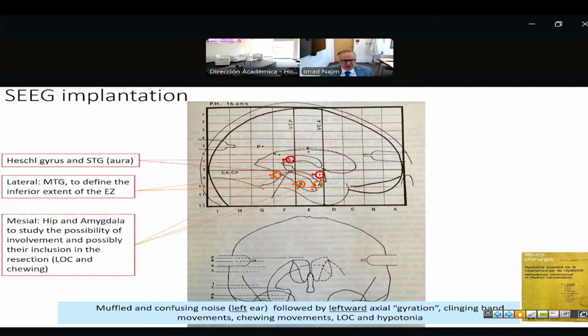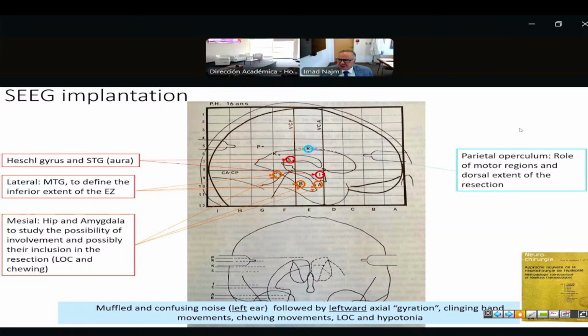Next is to have electrodes in the amygdala and hippocampal formation. This is to study the possibility of involvement because of the automotor movements, and possibly their inclusion in the resection if the area of so-called organization, which is the very first formation of the ictal pattern, does involve the hippocampus and amygdala.